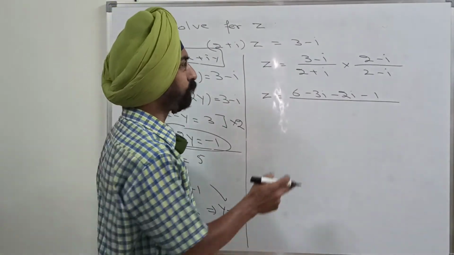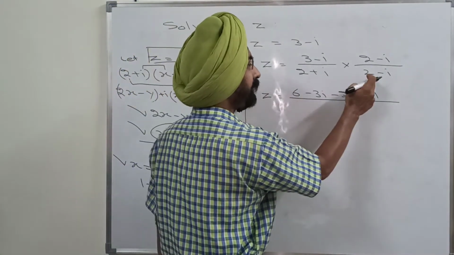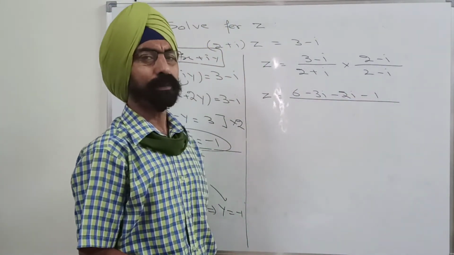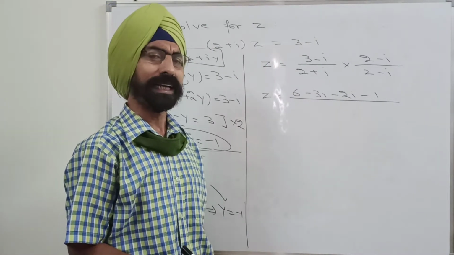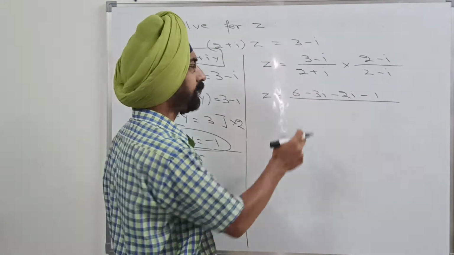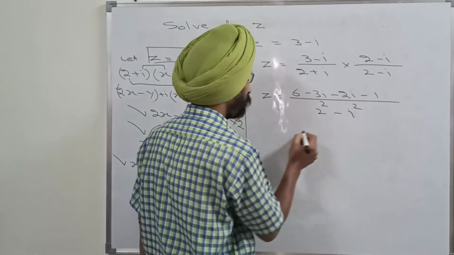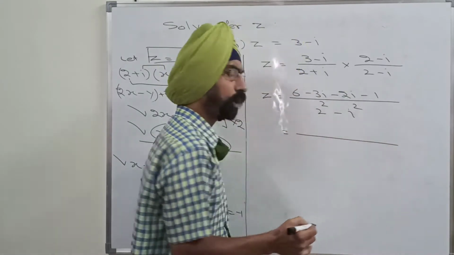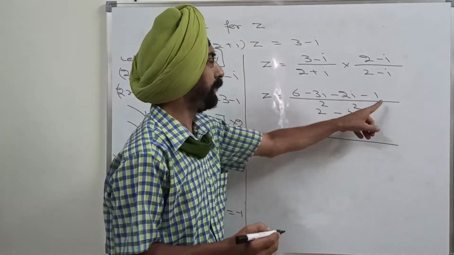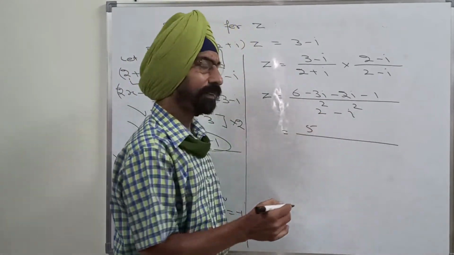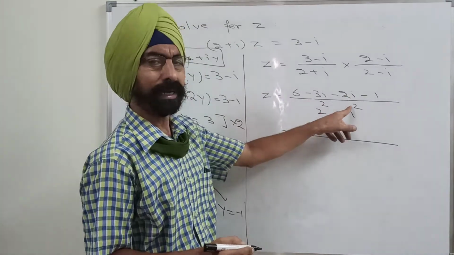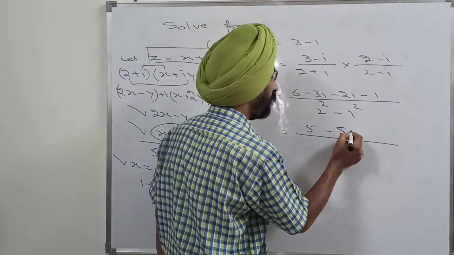In the denominator you are having (a + b)(a - b), and we know that it is equal to a square minus b square, so it is 2 square minus i square. Now what you are going to get: 6 - 1 is 5, -3i - 2i is -5i.